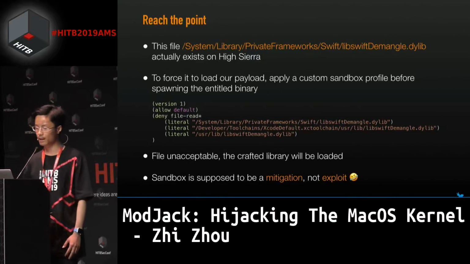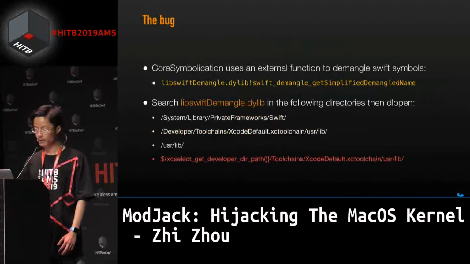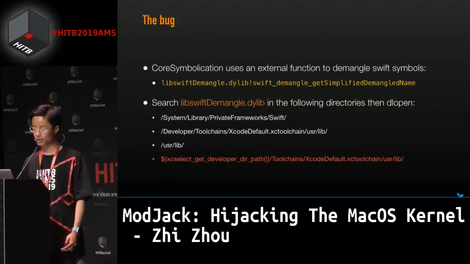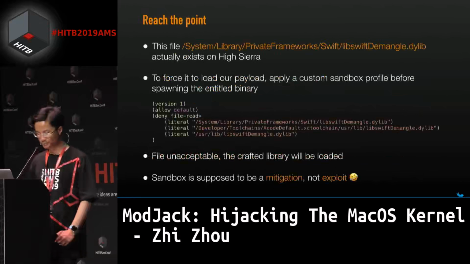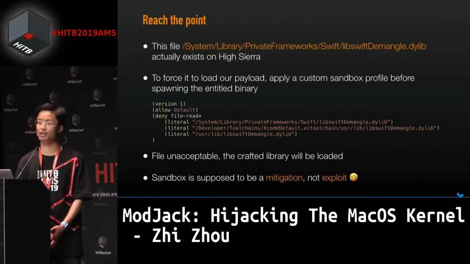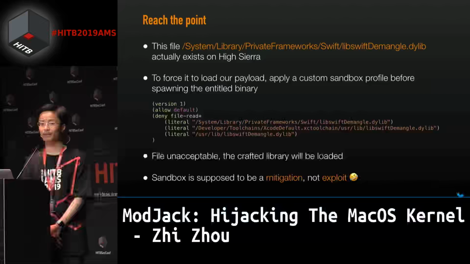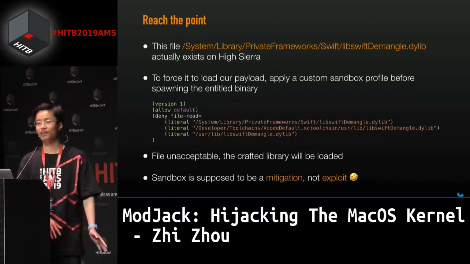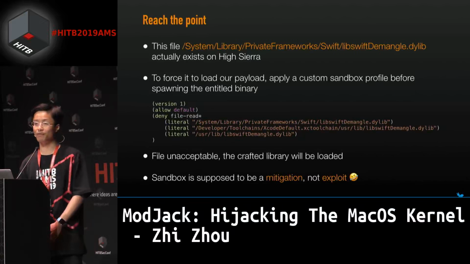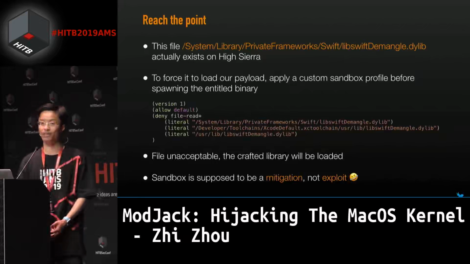We can see that there are actually 4 libraries here. And how do we reach this branch? The first path is this path. It actually already exists on the system. So I have a crazy idea: since it already exists, we have another approach, which is to abuse the sandbox to cancel the read access.